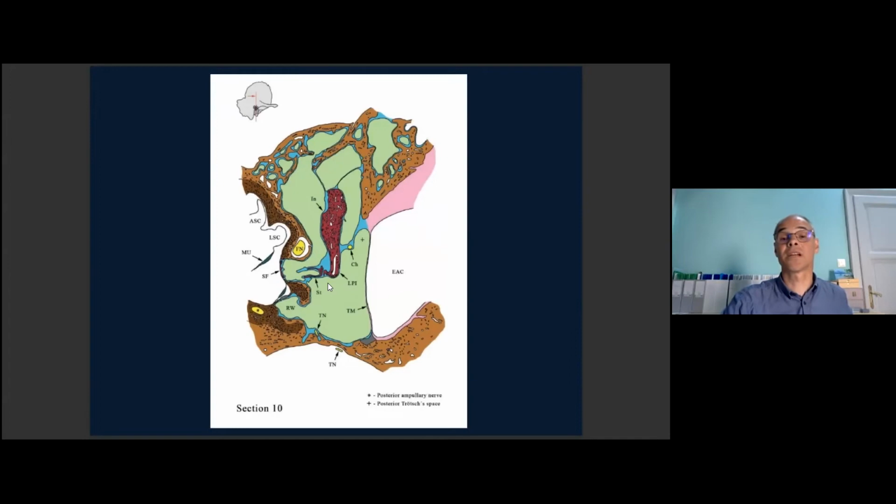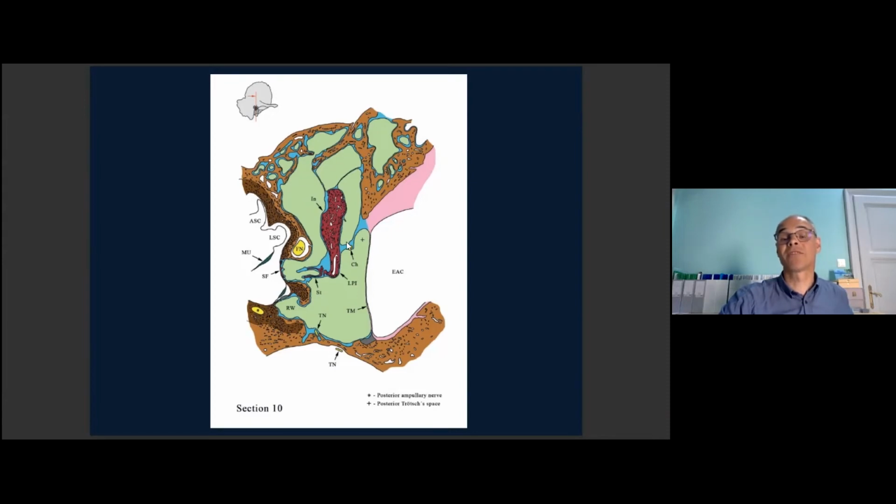And this is the classical picture: facial canal, stapes, round window niche, and this is the incus, incudostapedial joint. And the mucous membrane, within that we can find the chorda, and this is a pouch.